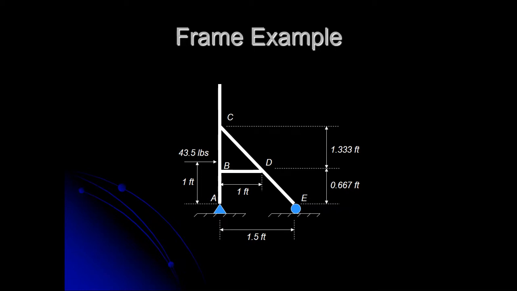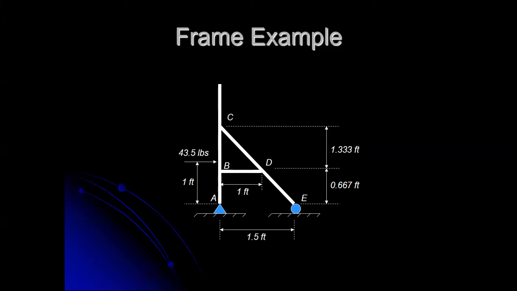There we go. So we've got 43.5 pounds, kind of a weird amount, but 43.5 pounds, 1 foot above A. And then we've got this thing up to C, looks like a total of 2 feet.